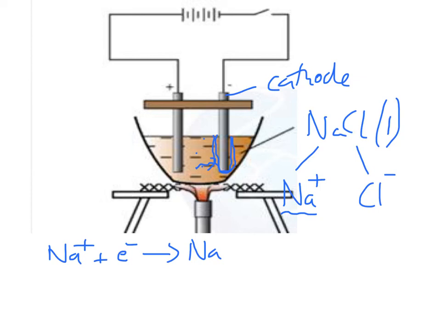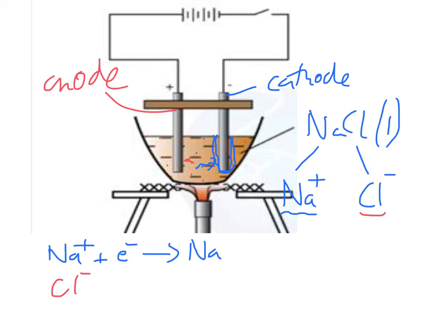What's happening to the chloride ions? Well, the chloride ions in here are going to be attracted to the positive electrode, the anode, and from all over the electrolyte they're going to be attracted to the anode. And you'll get exactly the same thing happening as with the previous reaction. The chloride will be attracted to the positive electrode.